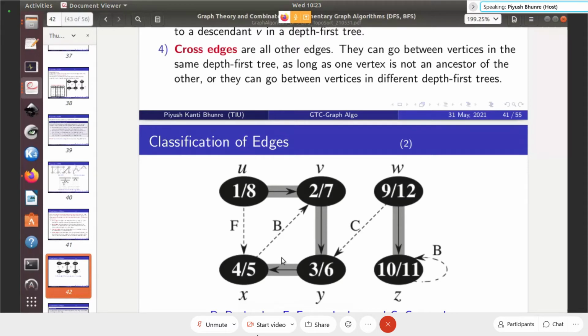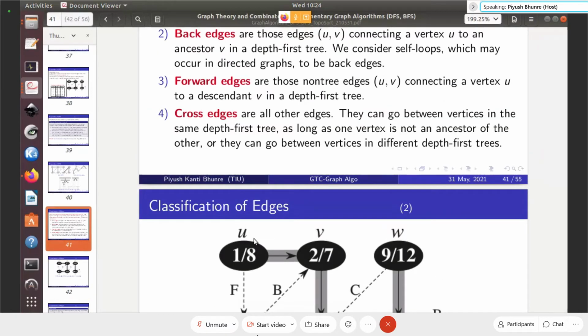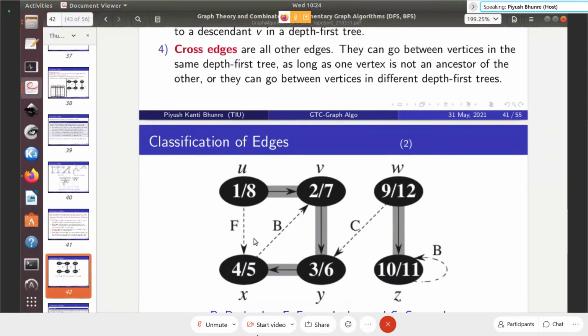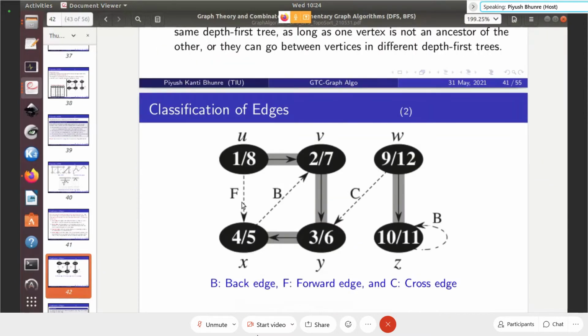And also there can be edges from a vertex to another vertex that are forward edges, where v is a descendant. So here, for example, x is a descendant of u. What will happen is that in the DFS traversal from u to v, y to x comes, and there is a dead end.